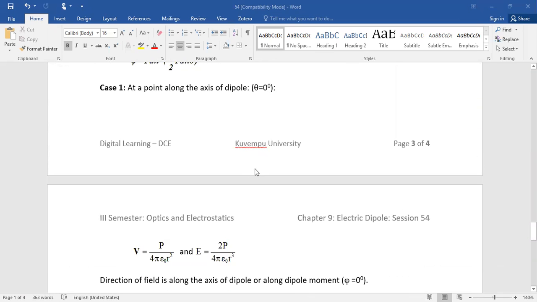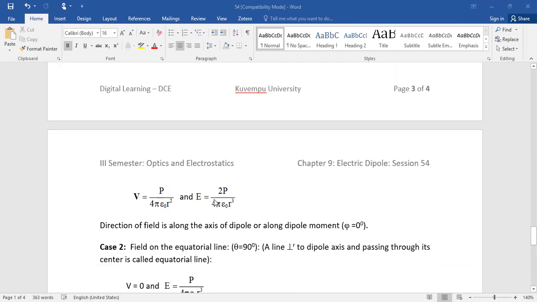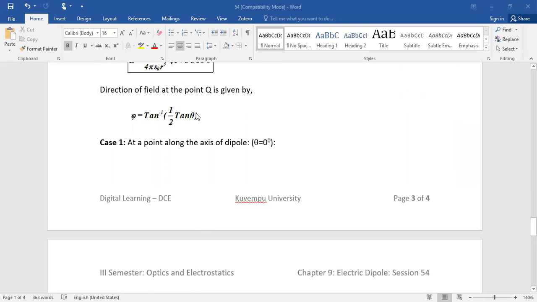Put theta equal to 0 in the potential expression and field expression. Then you will get the potential and field at an axial point. This is the magnitude of potential and electric field. To find the direction of the electric field, put theta equal to 0 in the expression for phi, which gives the direction of the net field.